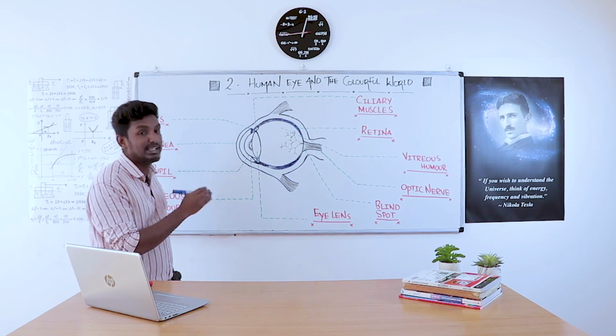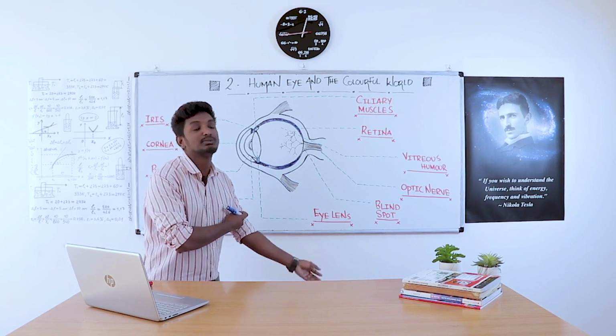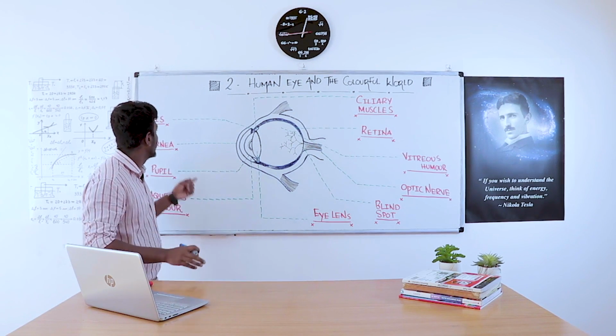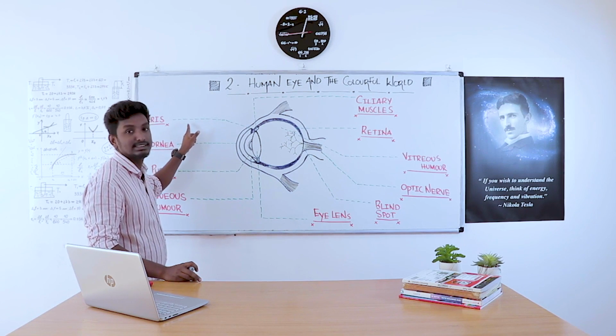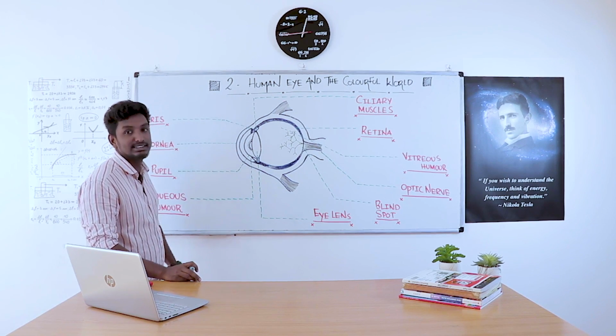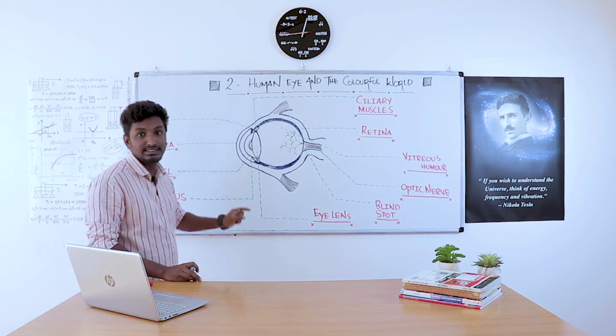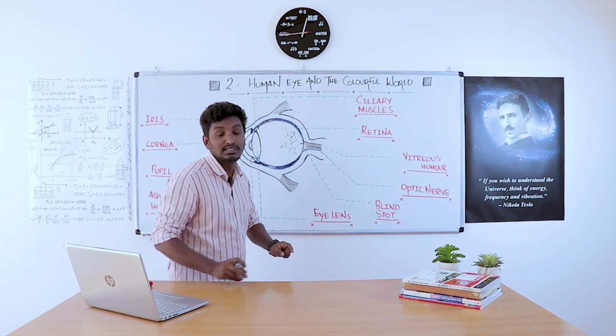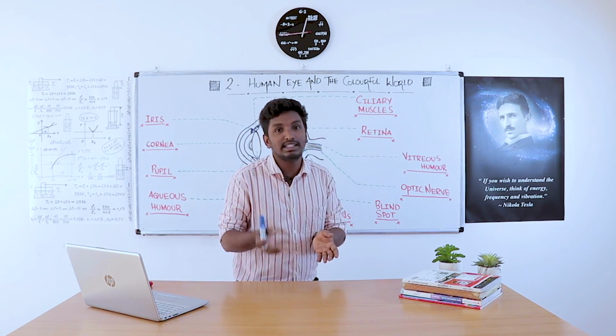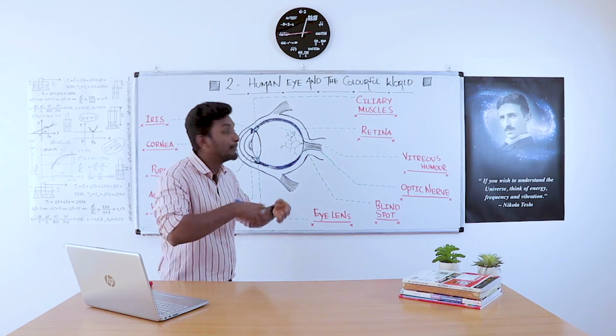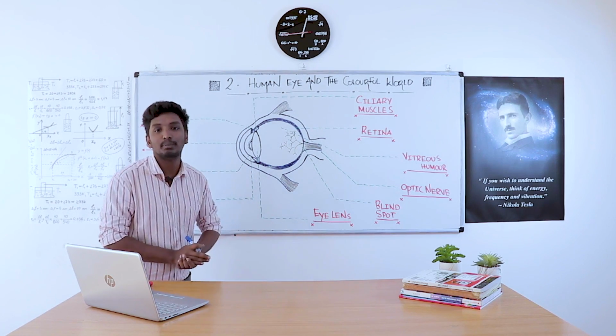Light enters the eye and reaches the eye lens through this small hole. So the pupil is a small aperture in the middle of the iris. Next is the iris.